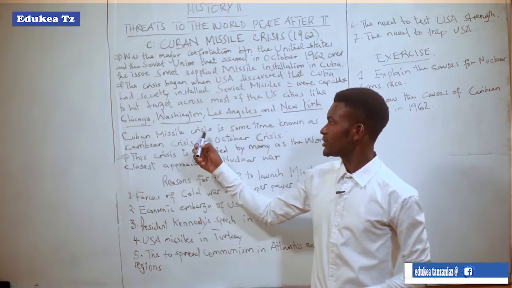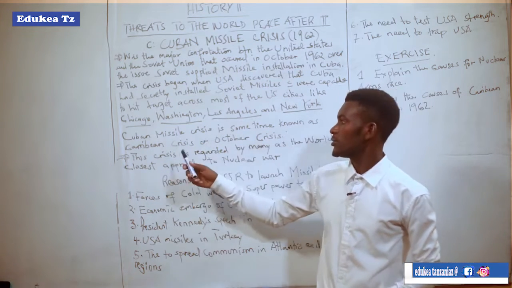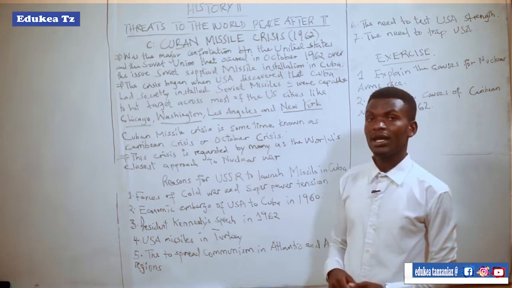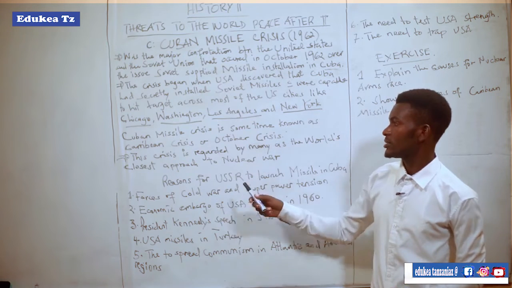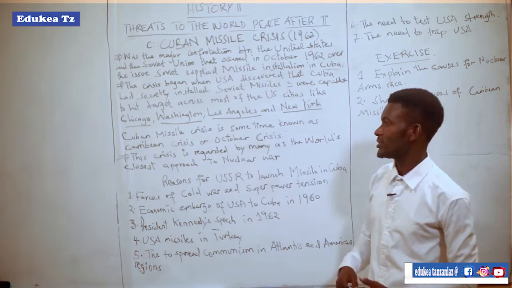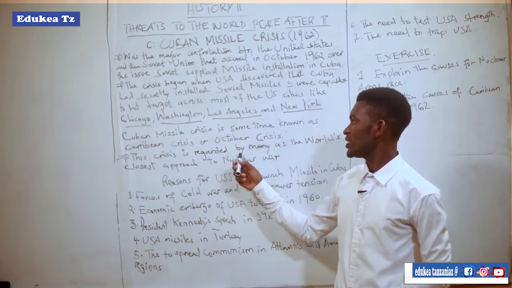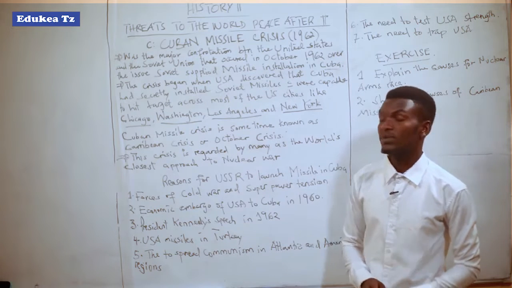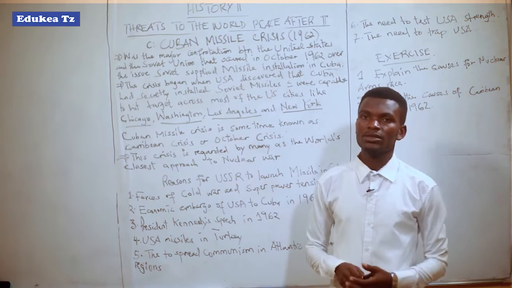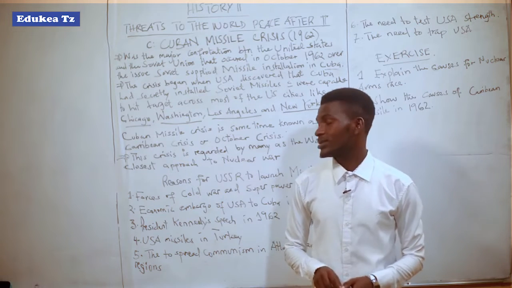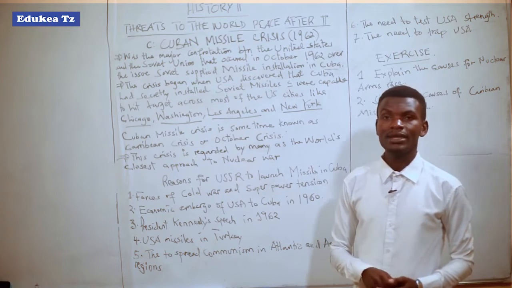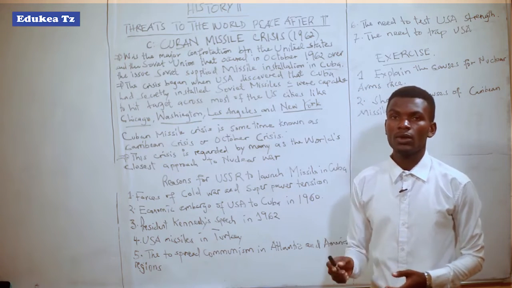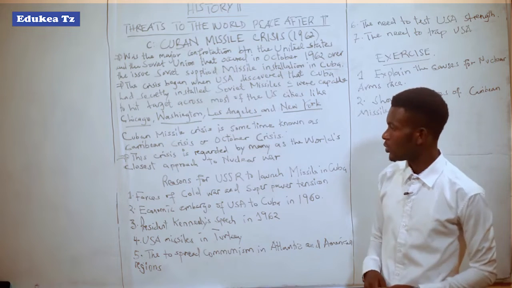The Cuban Missile Crisis is sometimes known as the Caribbean Crisis or October Crisis. This crisis is regarded by many as the world's closest approach to nuclear war. It means that the crisis, which happened in 1962, was regarded as the main approach that could bring the occurrence of nuclear war.